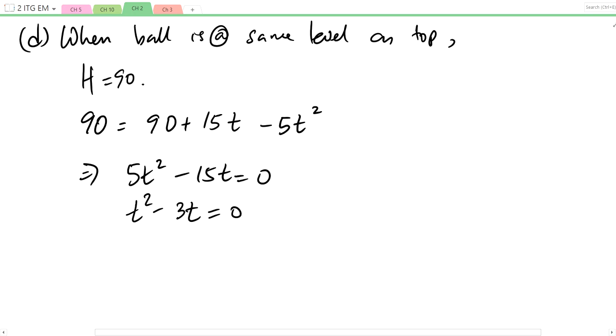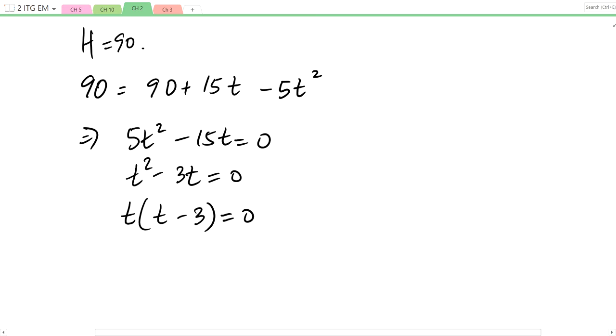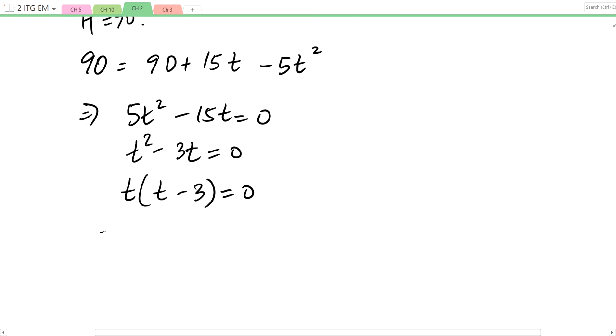Then how do we solve this? Factorize, yes. What can I factorize out? t. So t times (t minus 3) equals 0. So what does this imply now? Either t equals 0 or t minus 3 equals 0. Right?